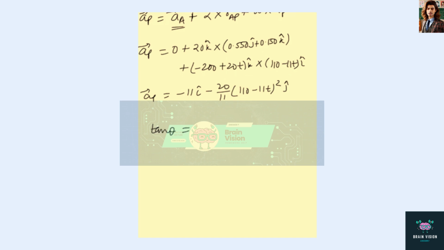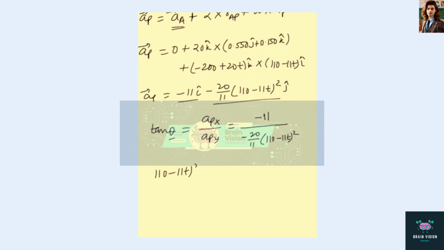So from the diagram we can write tan θ equals the acceleration of point P along the x direction divided by the acceleration of point P along the y direction. So from here we can write the values of x and y direction: minus 11 divided by minus 20 by 11 (110 minus 11 t) whole square. Okay, and θ is equal to 15 degrees.